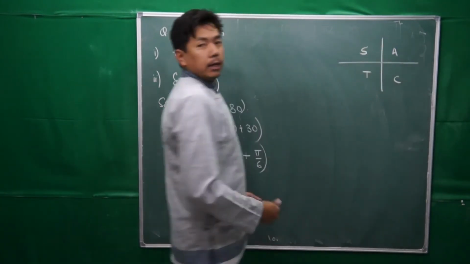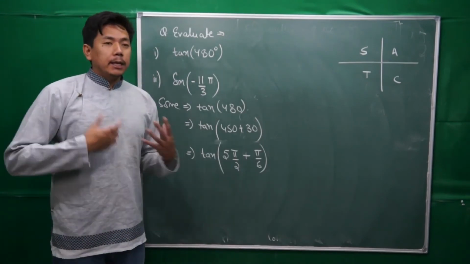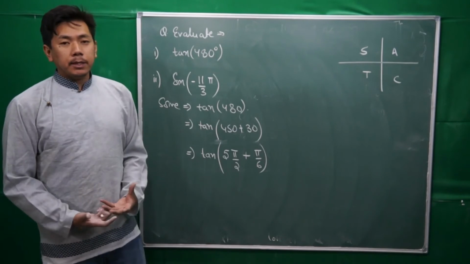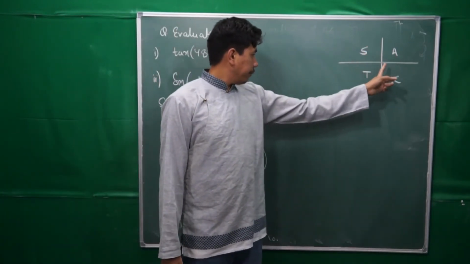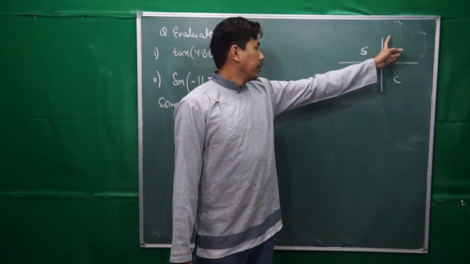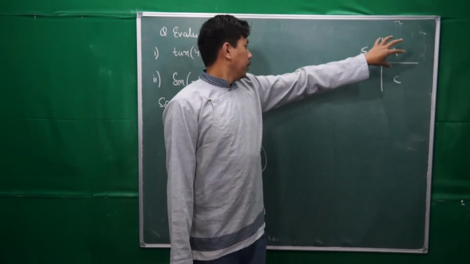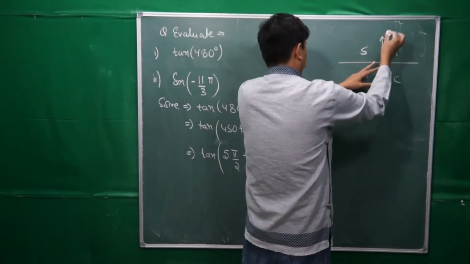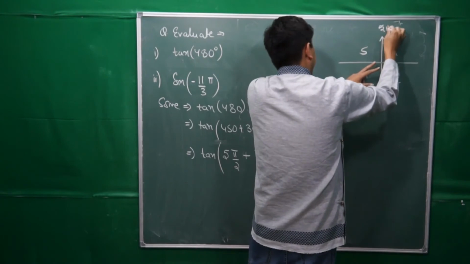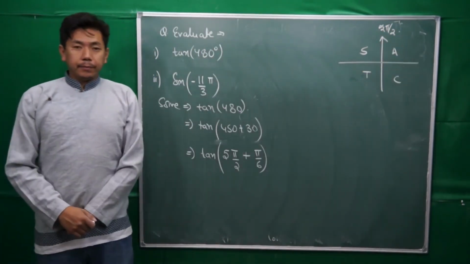Clear? So 5 pi by 2 means 5 times 90 degrees. So 1 time, 2 times, 3 times, 4 times and 5 times. So we are going to reach back to this region. So this is the point for 5 pi by 2. All right.